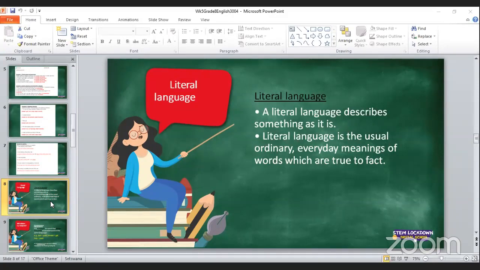But with figurative language, there is something that is implied. Okay, let me give another example. Let's say you are a fan of football, of soccer, and the South African team Bafana Bafana wins a match and defeats another team, let's say Nigeria.